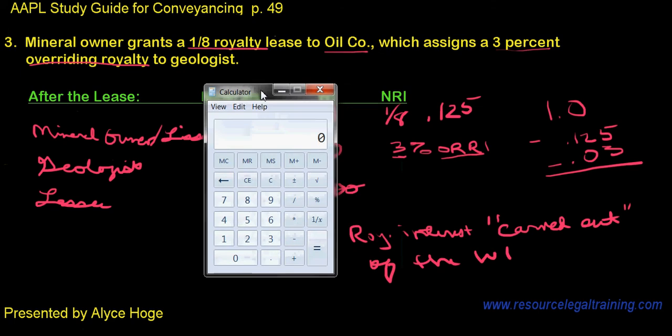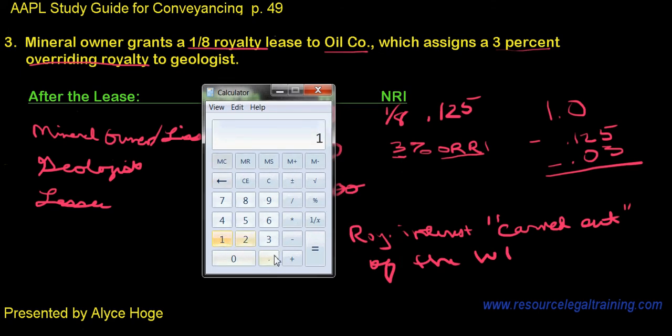So let's just, to make sure our math is accurate, go 1 minus 0.125 minus the 3% override. Oh, I did that wrong. Sorry, I hit the wrong button. Let's see, 1 minus 0.125 and then minus, oh my goodness, sorry about this.